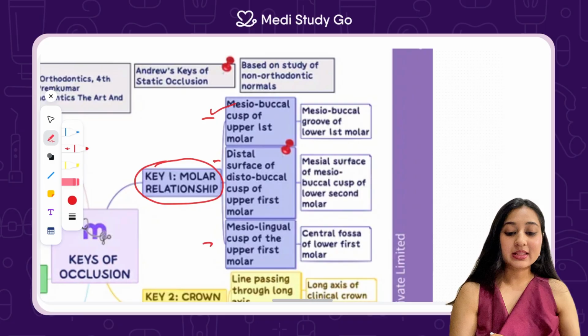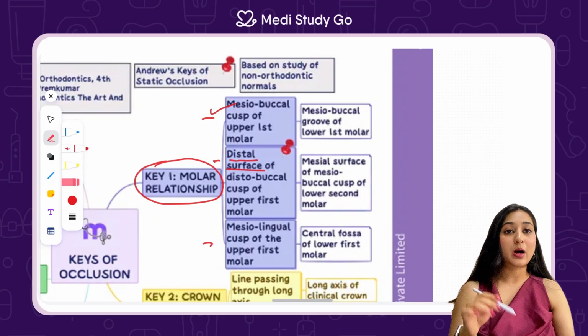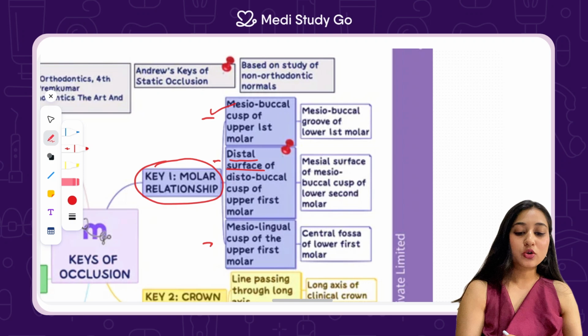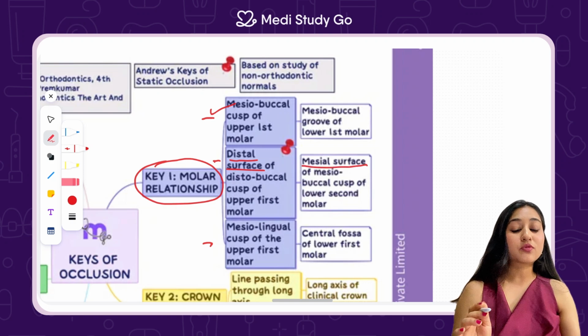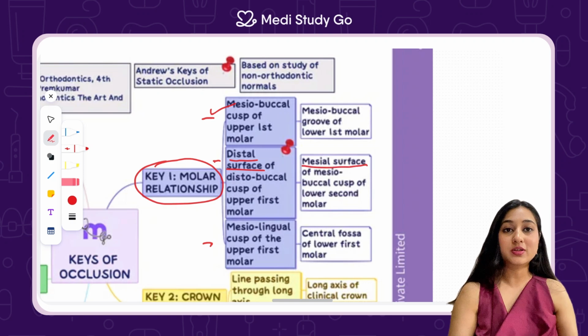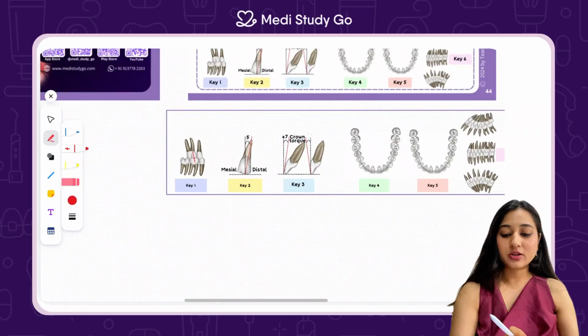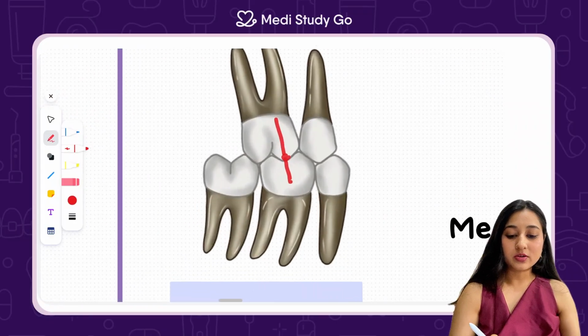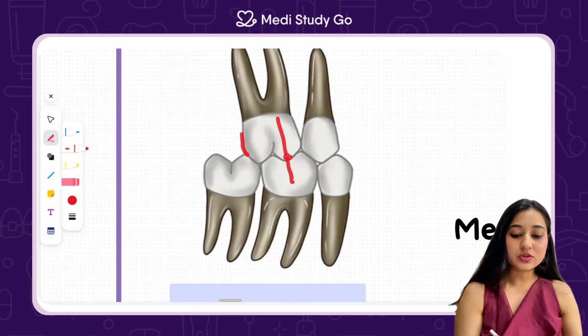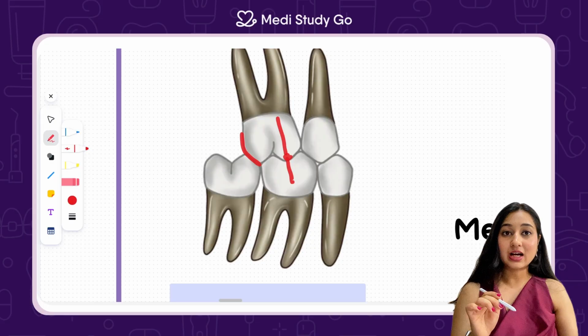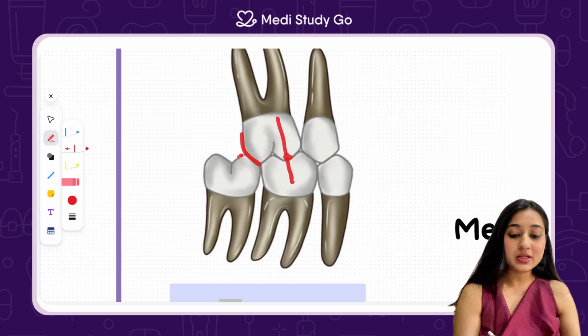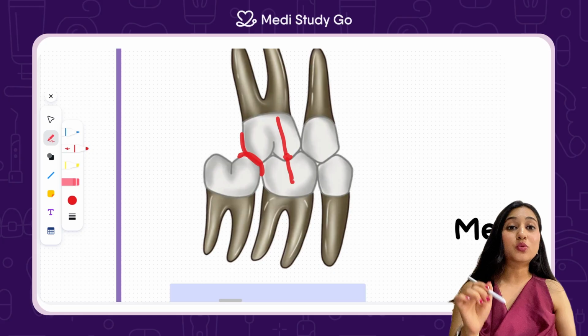The second is that the distal surface of the distobuccal cusp of the upper first molar should occlude with the mesial surface of the mesiobuccal cusp of the lower second molar. Coming back to this diagram, the distal surface of the distal cusp should occlude with the mesial surface of the mesiobuccal cusp of the lower second molar.